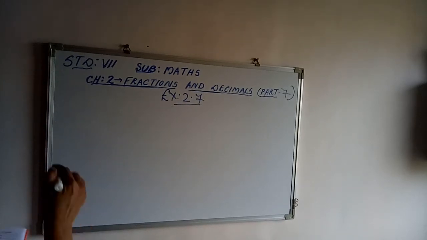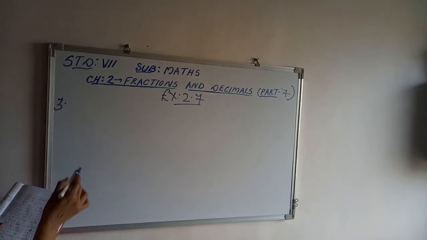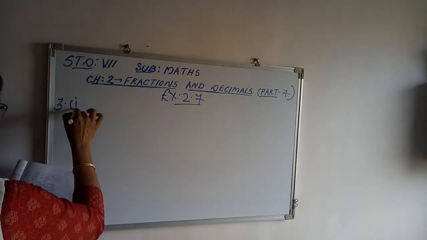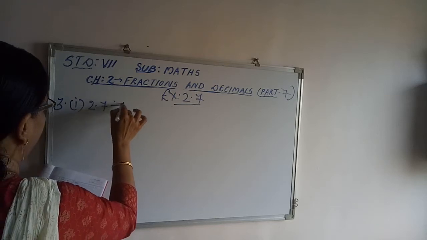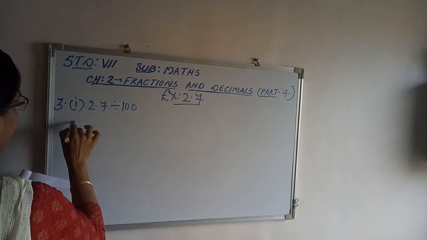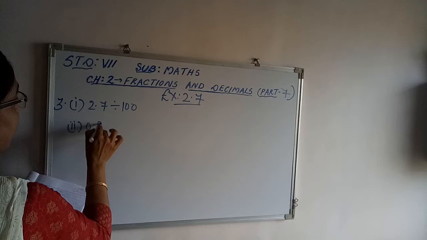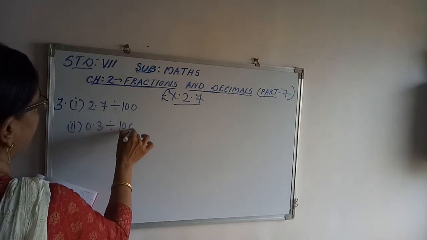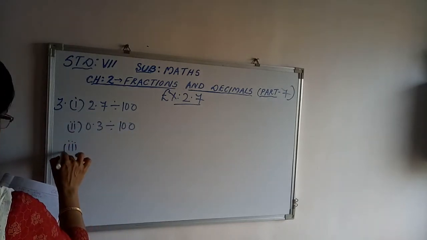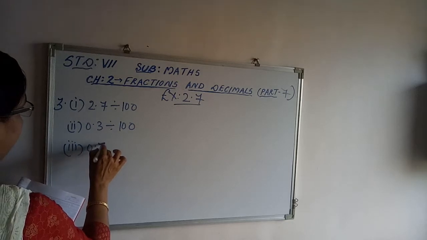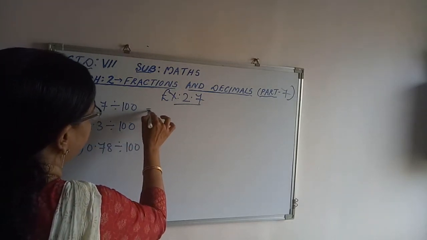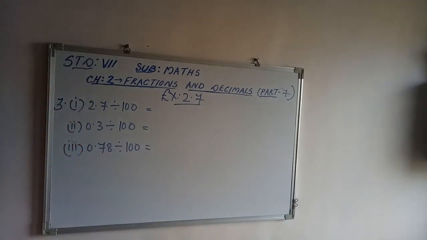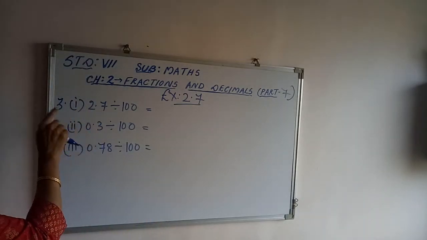In question 3, there are 6 questions. I will show you 3 questions. 2.7 divided by 100. Then second one, 0.3 divided by 100. And question 3, 0.78 divided by 100. That's equal to, find out how many places? 2 places.